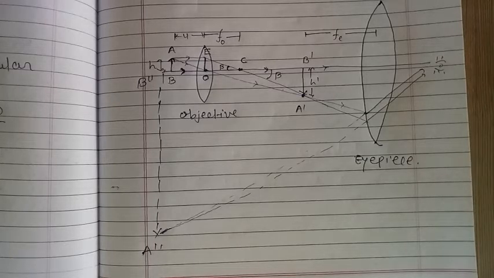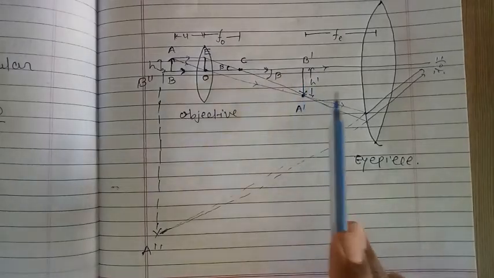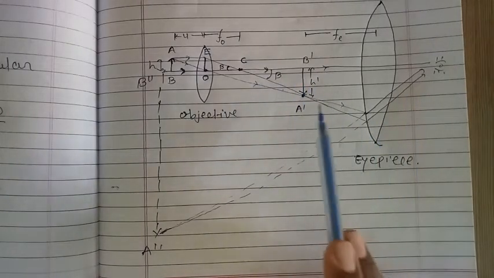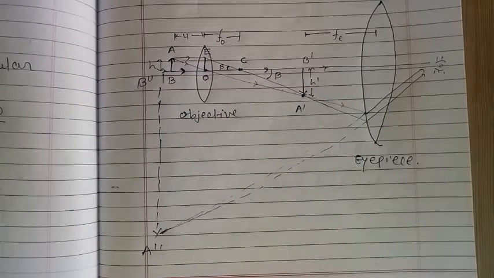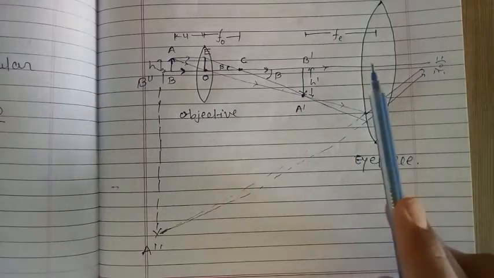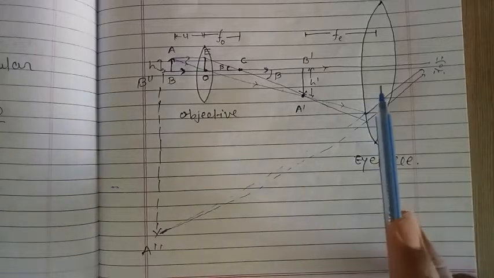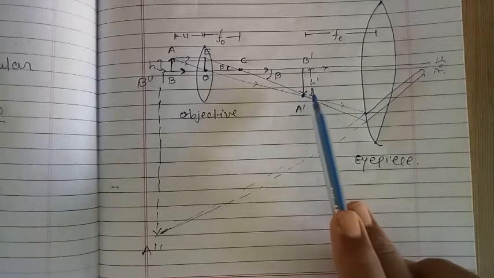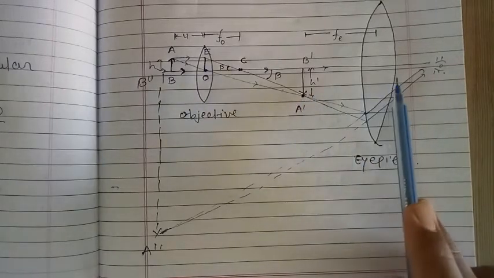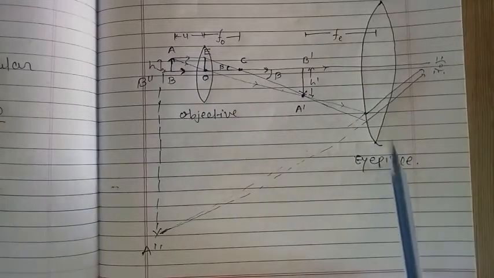Right? So you can see in this figure that the first inverted image is near the eyepiece, at the focal plane of the eyepiece, right? So we know that the image of the objective acts as an object for the eyepiece, so the image occurs at the focal plane of the eyepiece, right?